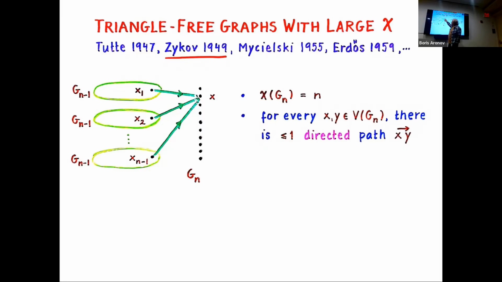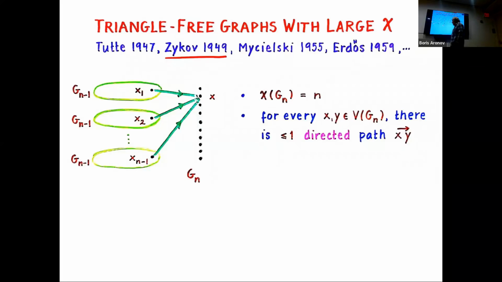Because if from here, for instance, I can go to here, then I must go through this vertex. And so if between this and this there was only a unique oriented path, then this property will be preserved.